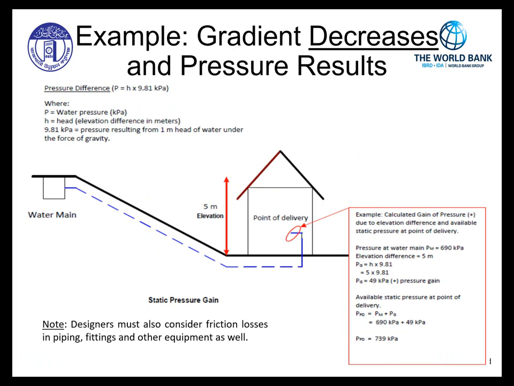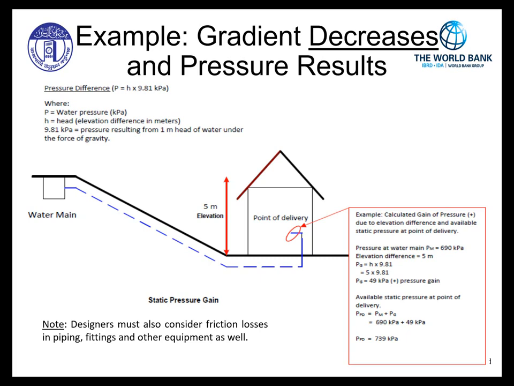An example of gradient decreases and the resulting pressure losses. As can be seen in this graphic, the water main is at a higher elevation relative to the point of delivery at the building. The pressure difference equation is the same. The only difference here is our convention.